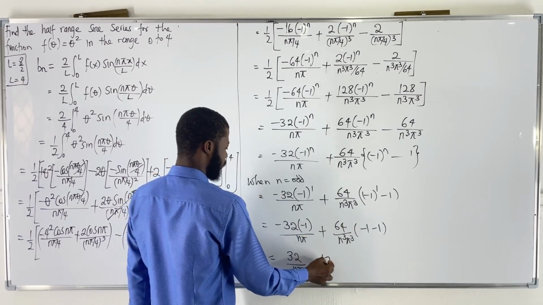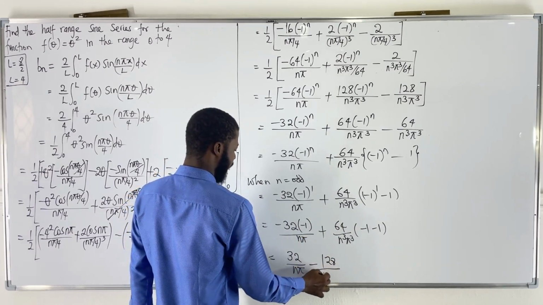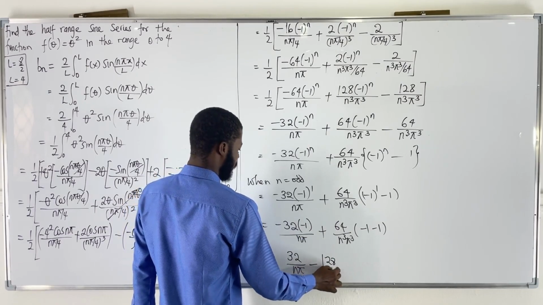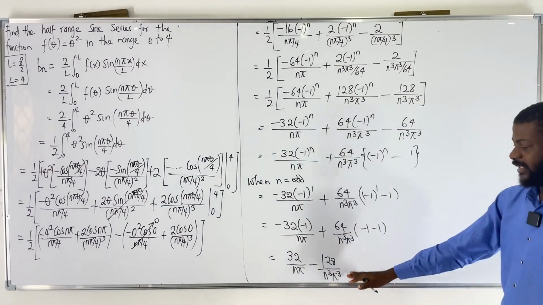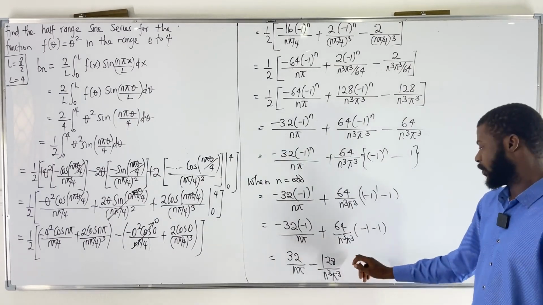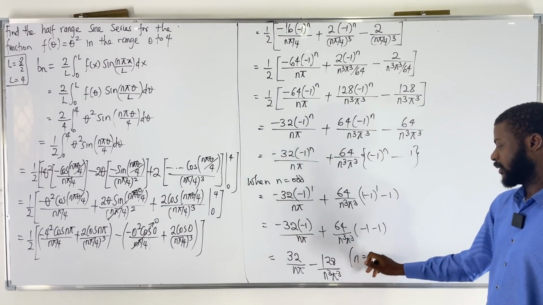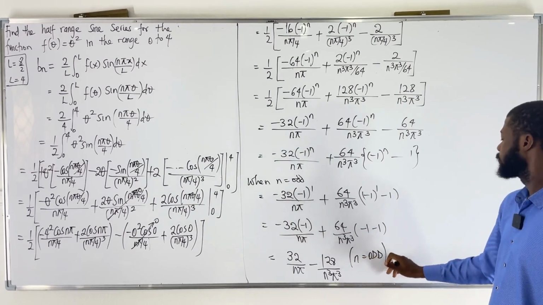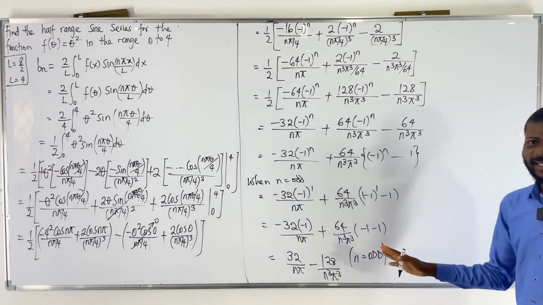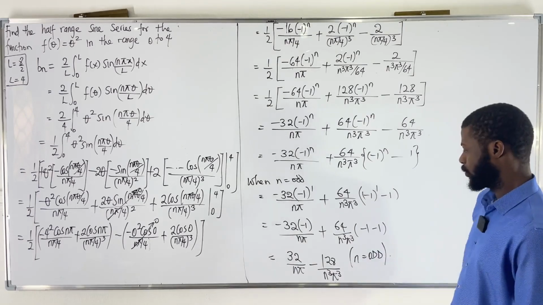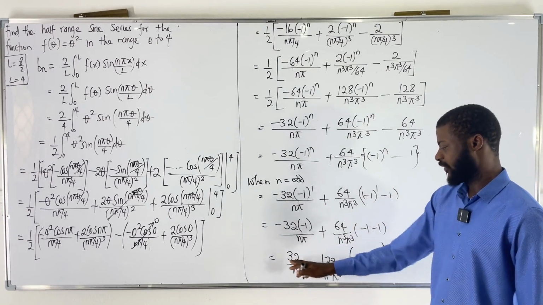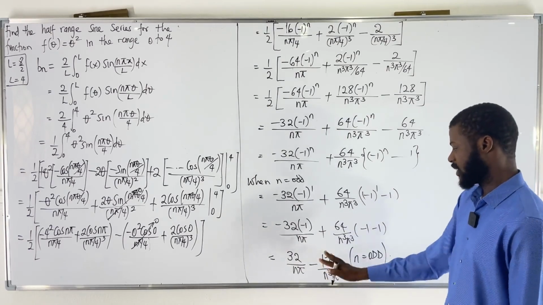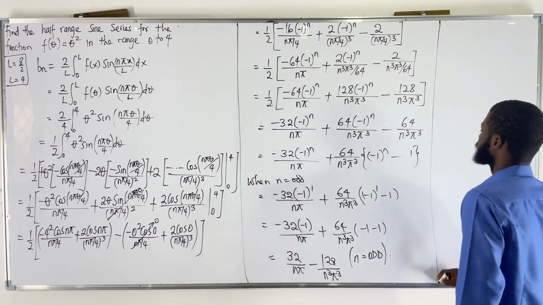So this is minus 128 divided by n cubed pi cubed. So this right here is when n is odd. Alright, so I'm going to just leave it like that. I don't want to do much, unless I could say, let me factorize the 32 outside. But I want to leave it like this first.